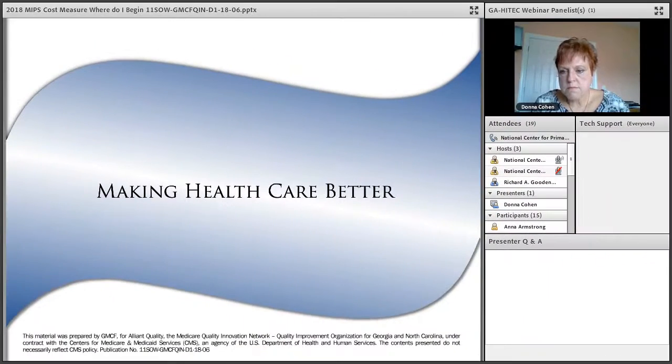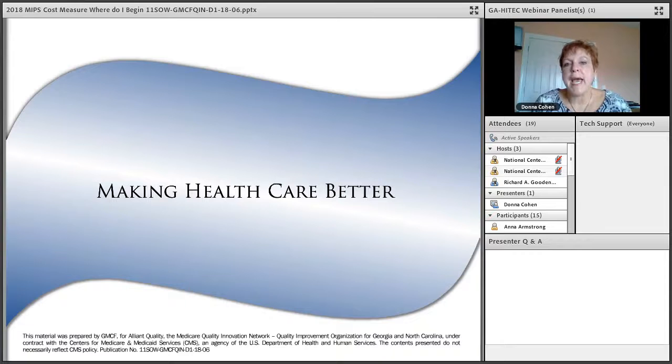Okay, and we just want to clarify, and I know that you mentioned this before, but how can groups or solo practitioners request an informal review for the 2018 Value Modifier calculations? The deadline for the informal review for the 2018 Value Modifier ended December 31st, 2017.